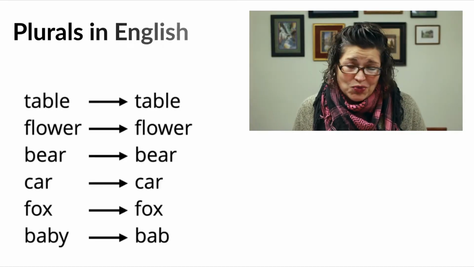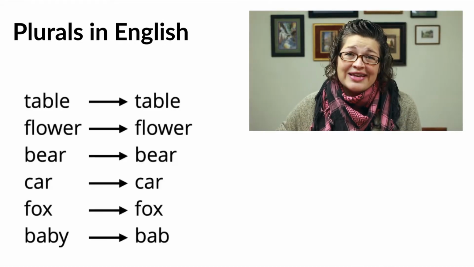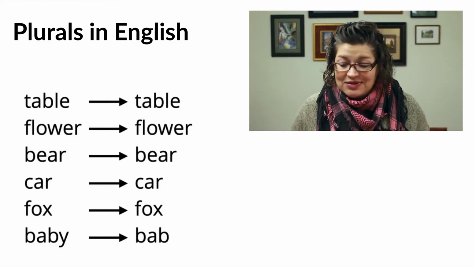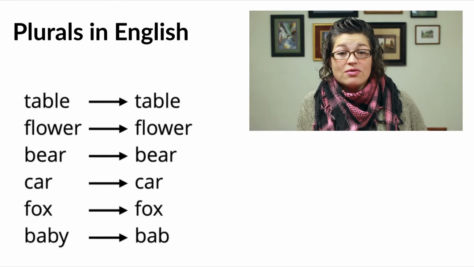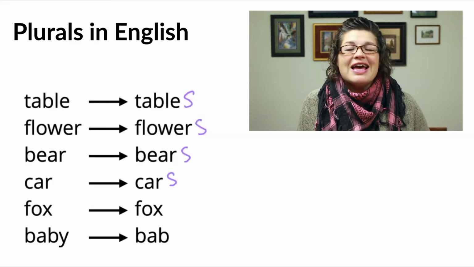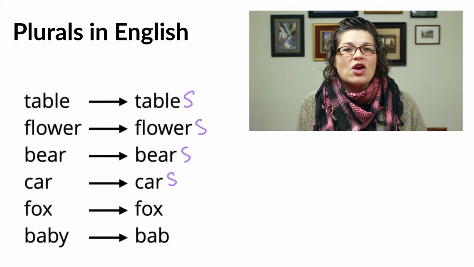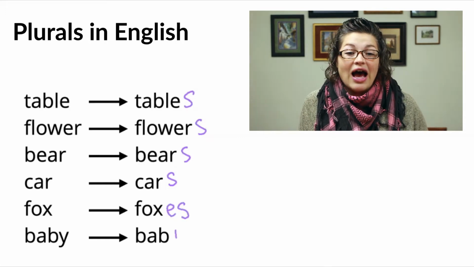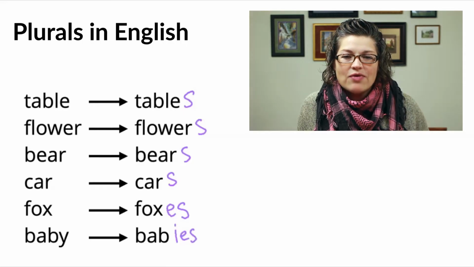As per usual, in English, it's way easier. We really have just one option, which is add an S. Table becomes tables. Flower, flowers, bear, bears, car, cars. In a handful of instances, we have to add an extra E first before the S, or even an I, ES. Doesn't happen very often.